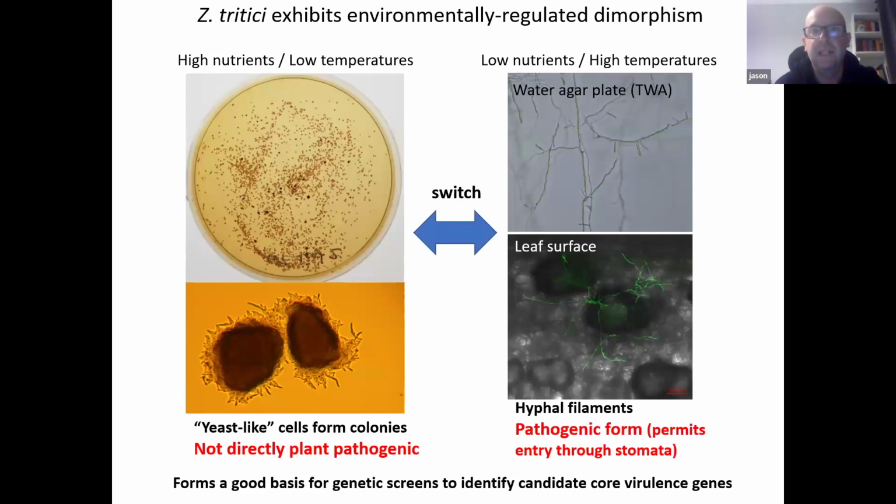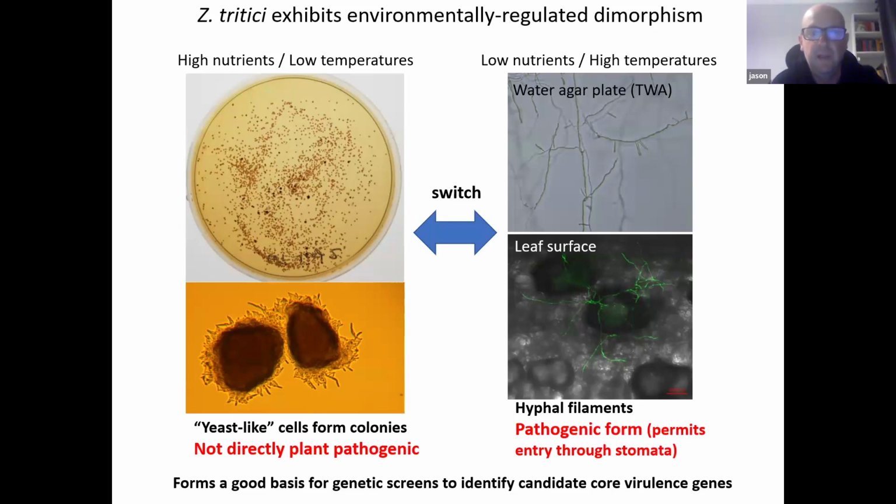One of the key things that we've been exploiting in our research is a very unusual characteristic of this particular fungus, in that it's classified as being dimorphic. So in certain growth conditions, this fungus will grow almost as yeast-like colonies, which you can see on the left-hand side of the slide.